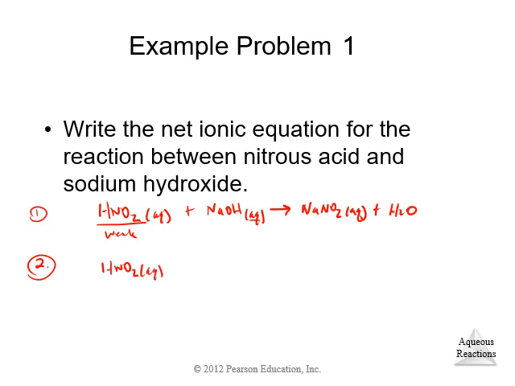It's still aqueous, and then I can react that with the Na plus and the OH minus ions, both of which would be aqueous. On my product side, sodium nitrite is an aqueous solution, so it would also split apart to form sodium ions and nitrite ions. And then I have the water that would be created, and that would be in the liquid state. So I would keep that together.